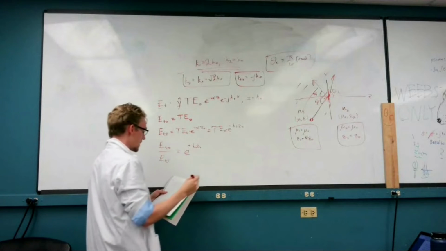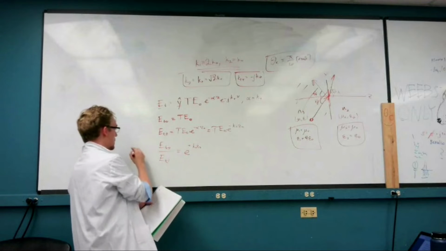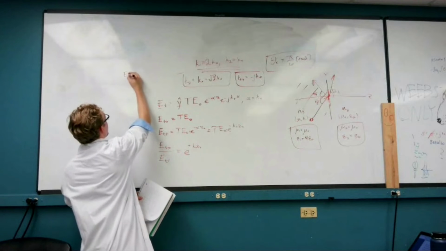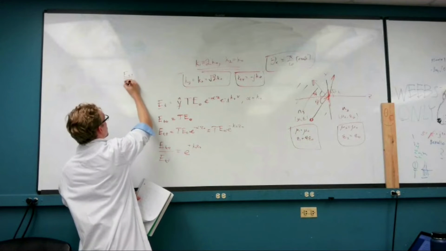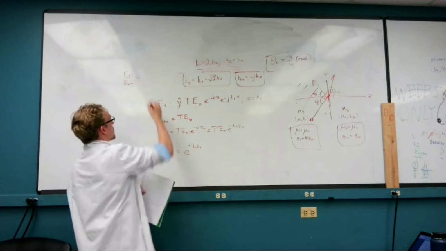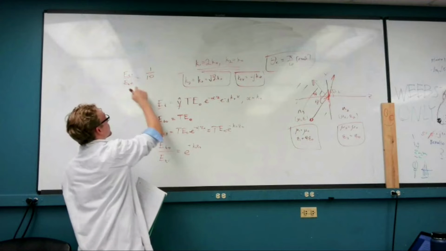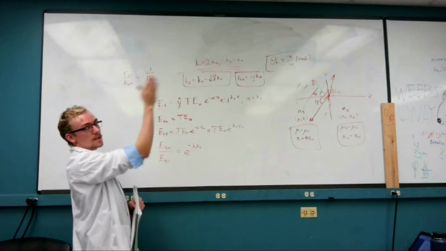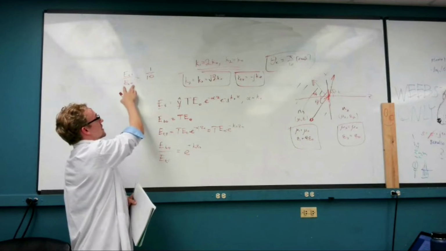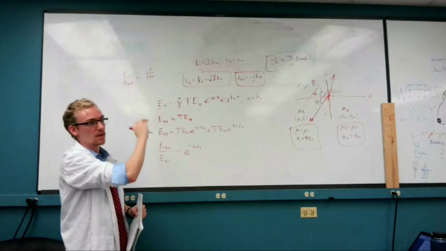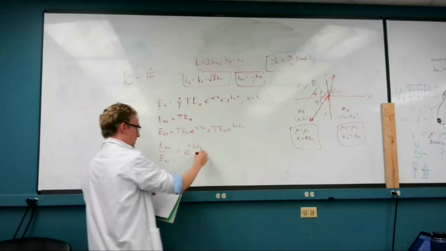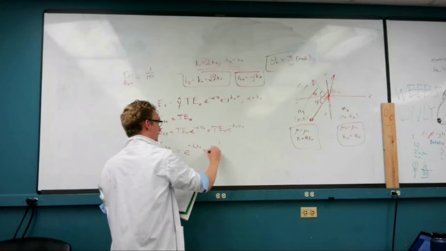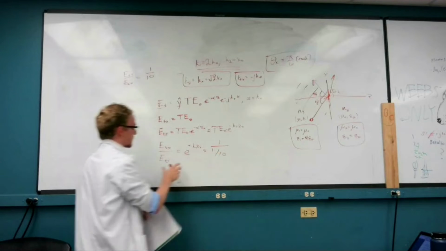And our attenuation, which would be E at z naught over E at 0, is going to be equal to 1/10. Our strength into the medium over the initial strength will be 1/10 of that value. And so this will become 1 divided by 1/10, just because of how it's been set up.